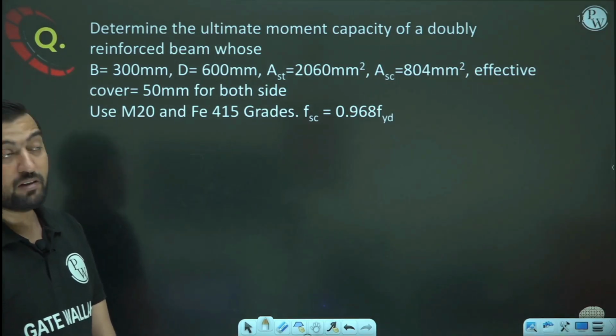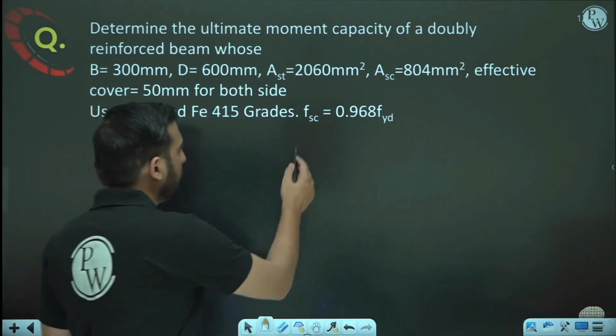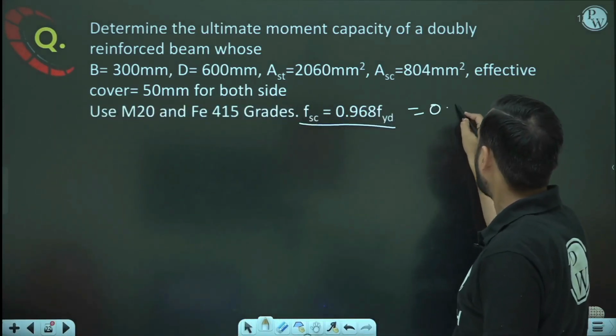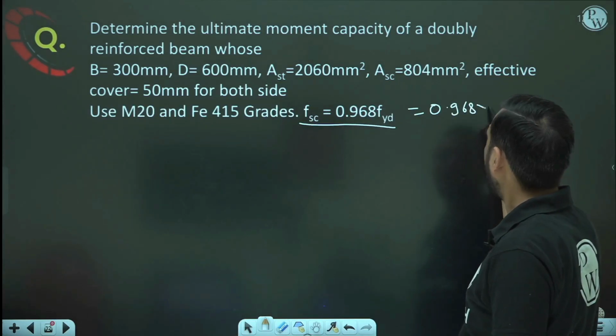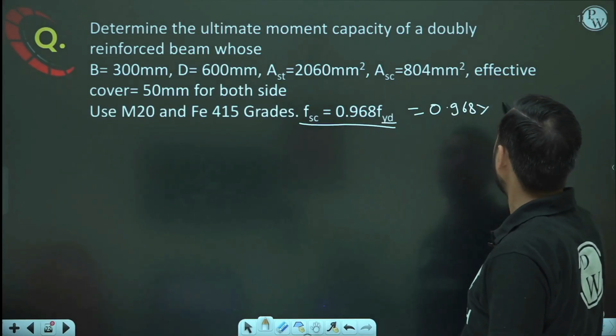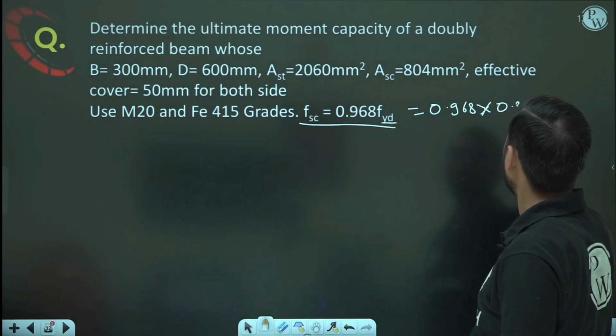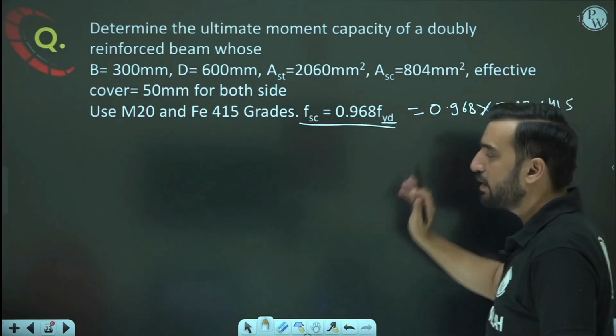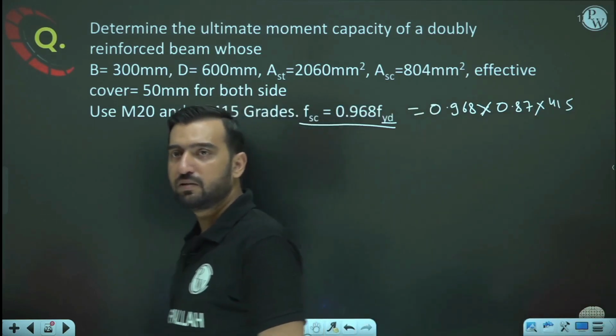Okay. fsc is given to us. My dear friend, fsc is 0.968, and what about fyd? fyd is nothing but design yield, so 0.87 of fy, and fy is 415. So don't think fsc is not given to you, fsc is given to you.